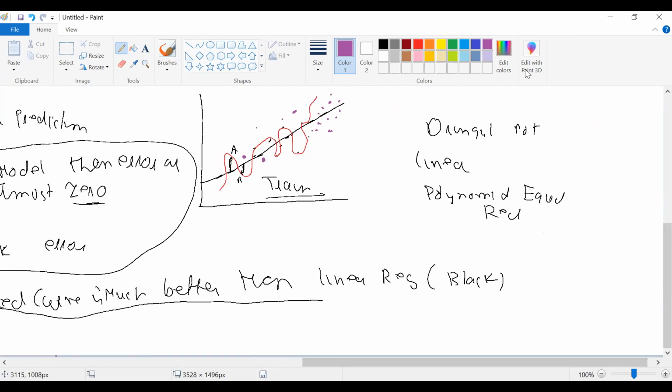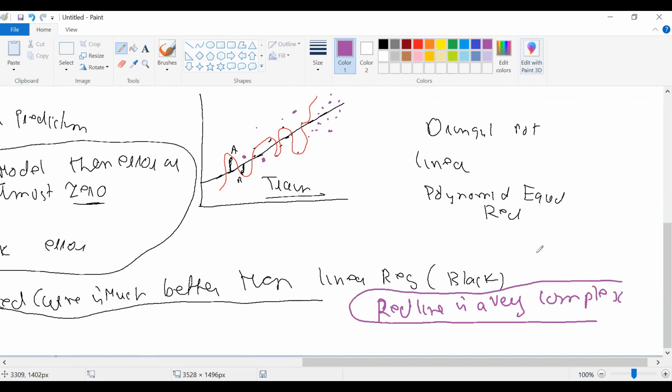Now, can I say that this red curve, this red line, is a very complex model? Complex इसलिए बोल रहा हूं because it is not a straight line, it is some high degree polynomial. And remember, if it is a high degree polynomial, then slope would not be fixed. At every point, the slope will keep on changing. ये हमने पहले discuss किया, right?